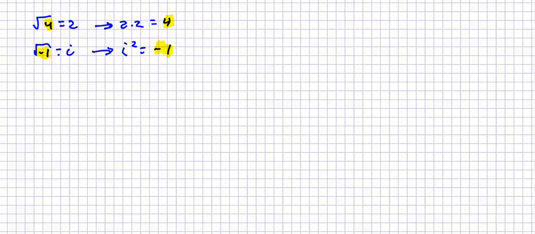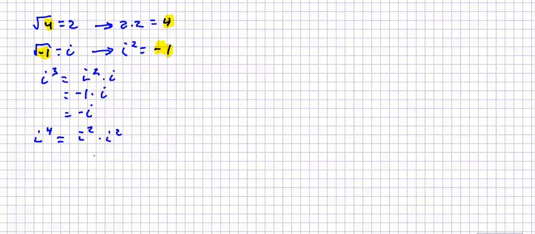Let's think about this a little bit. If i squared is -1, what's i cubed? i cubed is equal to i squared times i. i squared is -1, times i is equal to -i, or the opposite of i. i to the 4th is equal to i squared times i squared.